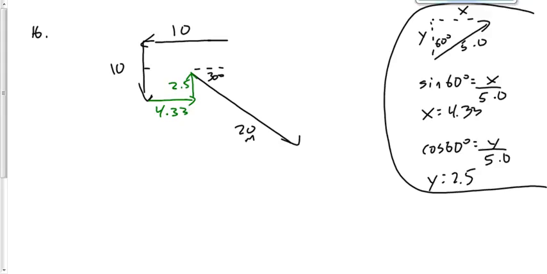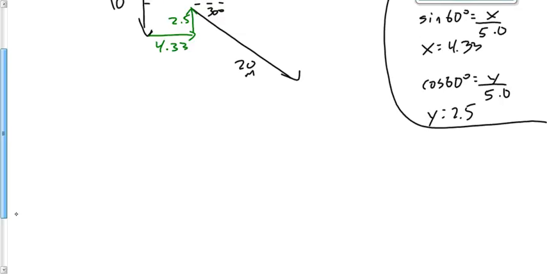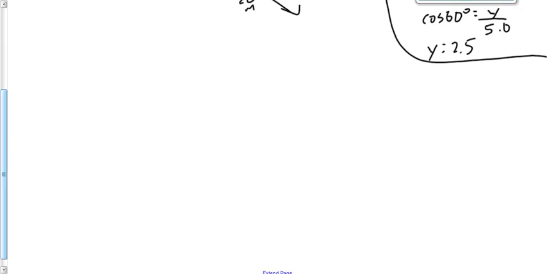Try to finish it off. 30 degrees, 20 meters. Don't forget to draw your arrows either. Something that drives me crazy when I walk around is I see people with the triangles but no arrows. Draw the arrows. It helps us, especially later on today when you have to find the direction of the resultant vector.